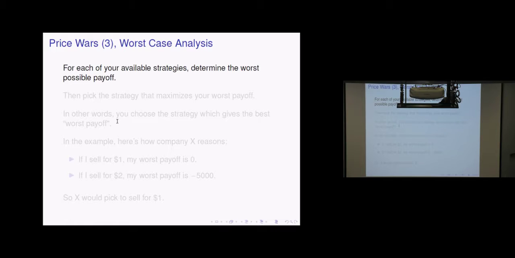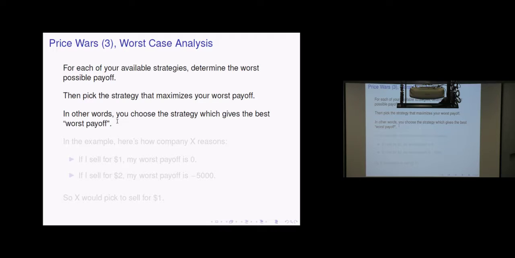I will look at the example in a moment, but these are the guiding principles. After that, you have to pick a strategy that maximizes your worst payoff. That is the strategy which is safer. In other words, you choose a strategy which gives the best worst payoff. Okay, what does it mean?